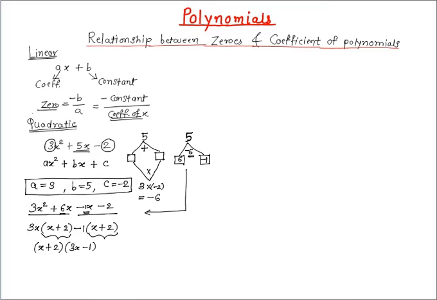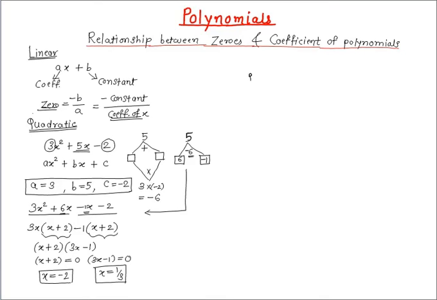And to find the zeros, we need to equate each of these terms to 0. So what will be the equation here? x plus 2 equals 0 and 3x minus 1 equals 0. So what is the value of x we get here? It is x equals minus 2 and here x equals 1 by 3. Now what happens if we add these zeros we got here?